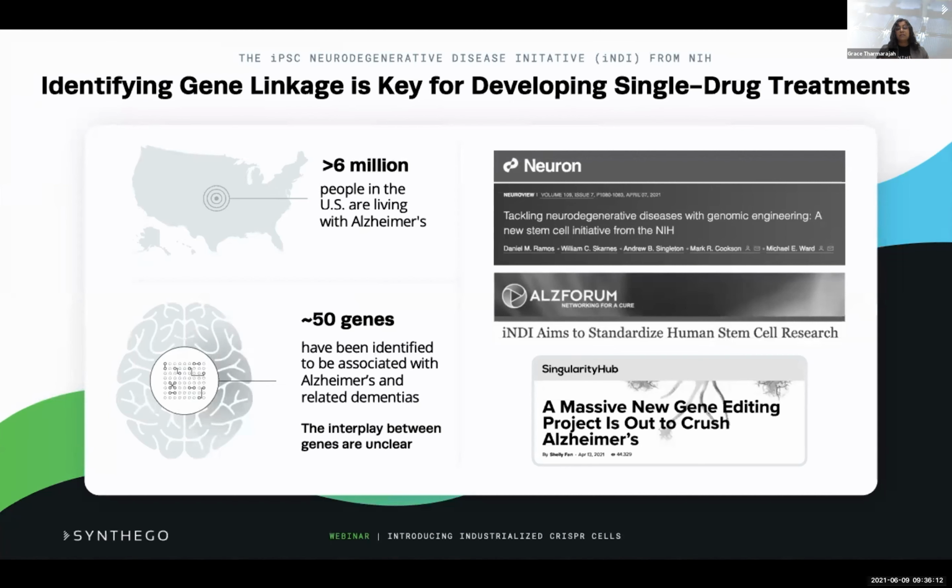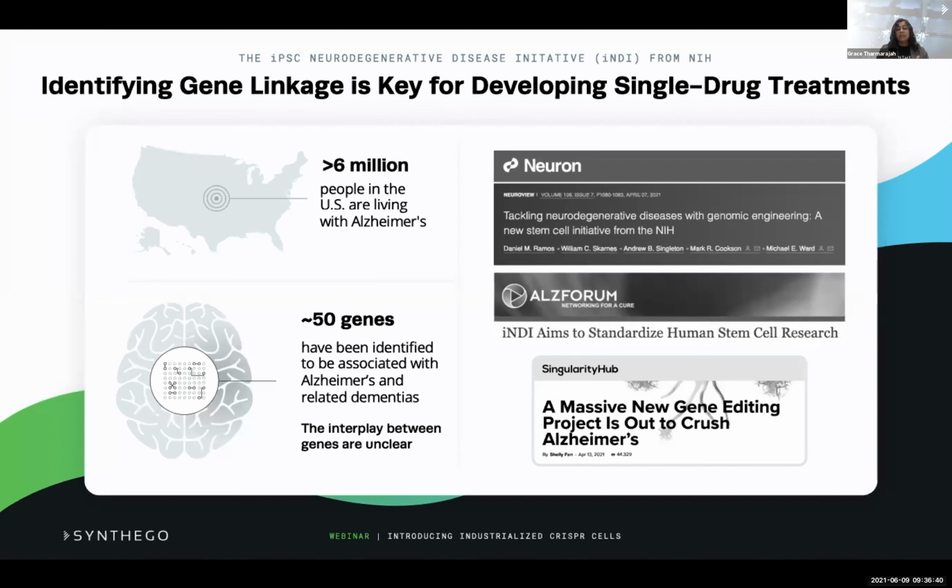Unfortunately, these endeavors have yielded multiple failed clinical trials, leaving patients with few treatment options. And so what it really comes down to is that our limited understanding of the underlying mechanisms of disease initiation and progression continues to impact the development of effective therapeutics, really slowing down that development, right?